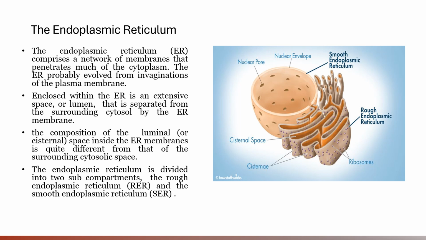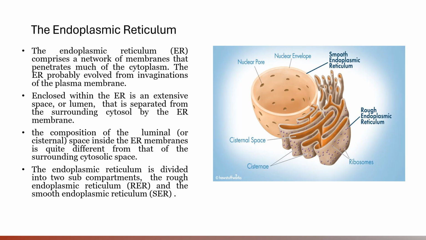The endoplasmic reticulum is basically divided into two subcompartments. One is called the rough endoplasmic reticulum and the other is called the smooth endoplasmic reticulum. Now, as we can see in the diagram, the rough endoplasmic reticulum is basically composed of a network of flattened sacs.